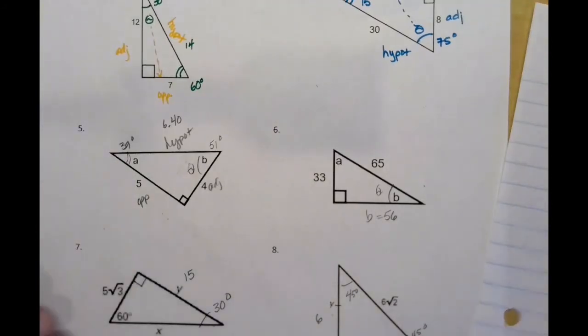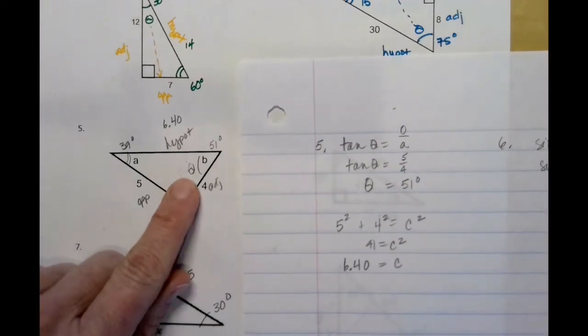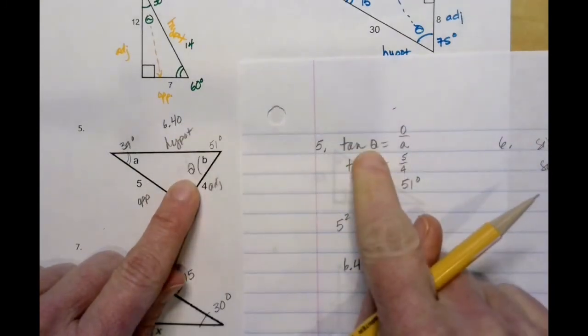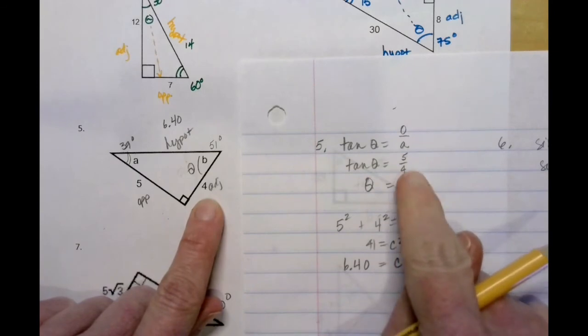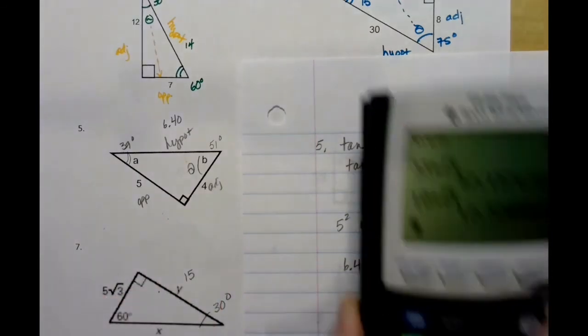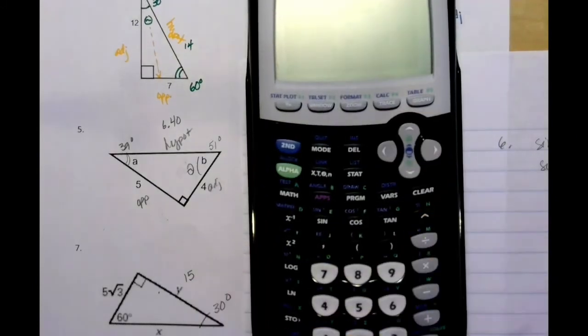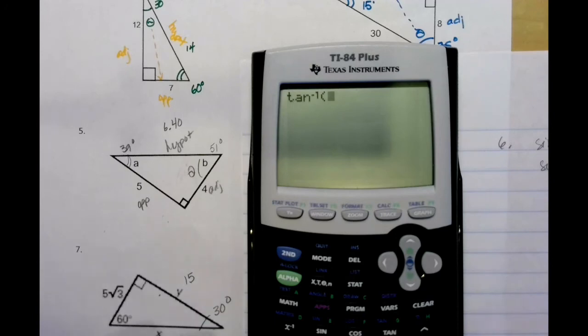When I did the tangent of theta, I made angle B my theta. And when I said the tangent of theta is equal to the opposite over adjacent, I went ahead and divided 5/4. And I said, hey, tell me the angle whose tangent is equal to 5 divided by 4.